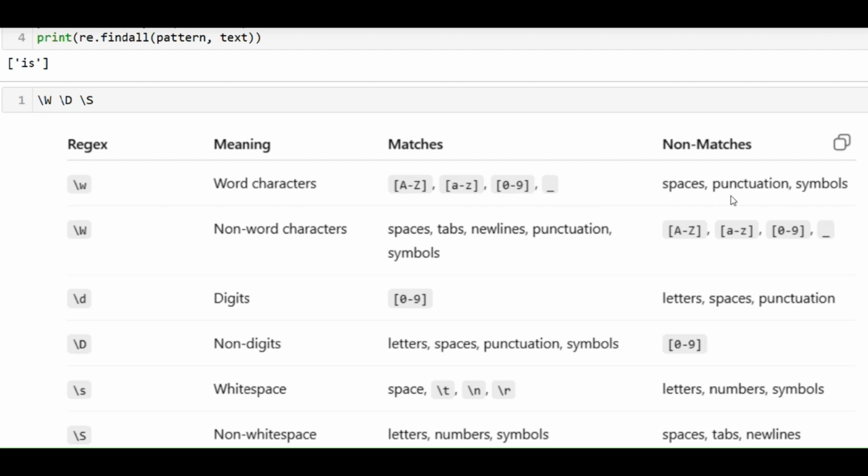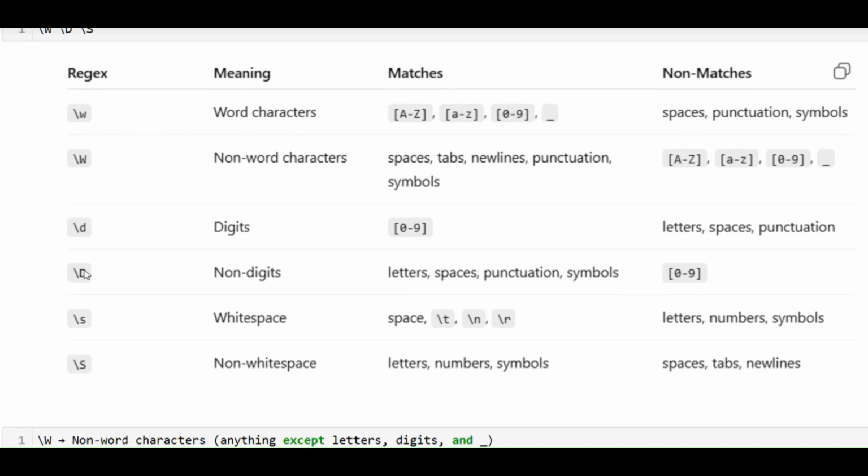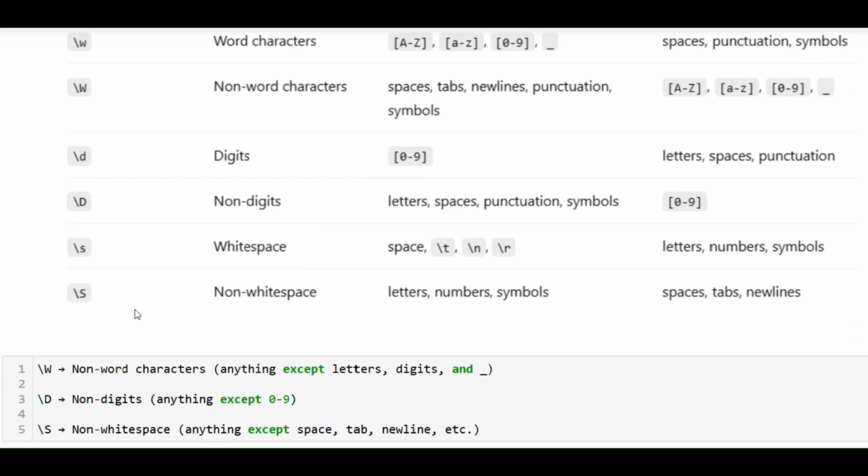Non-matches will be the spaces, punctuation and symbols. But if we see the capital W, we get the non-matches as matches, and whatever is matching in the small w will go. So it's a reverse. Similarly \d and capital D, it's a reverse. Small s and capital S is also a reverse.